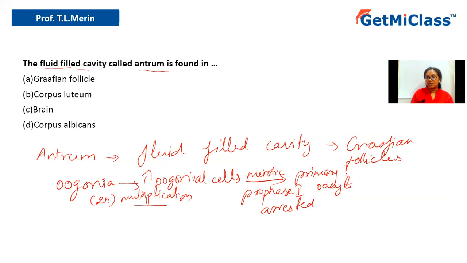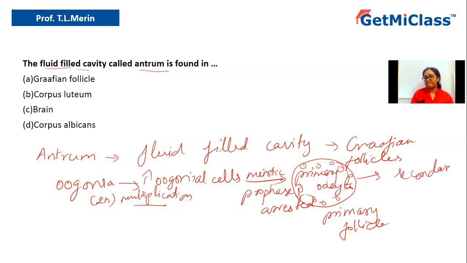At this stage, the primary oocyte gets surrounded by layers of granulosa cells, and the primary oocyte enclosed by the layers of granulosa cells is called a primary follicle.